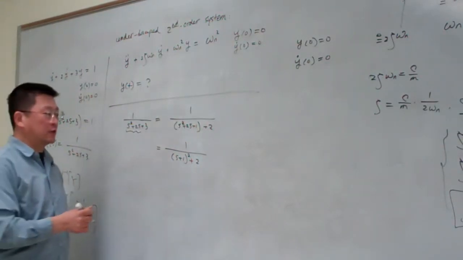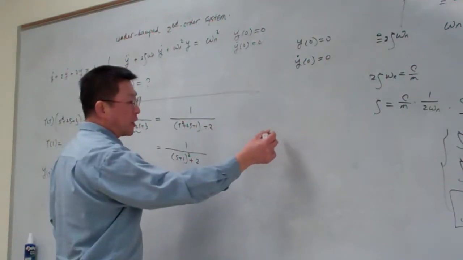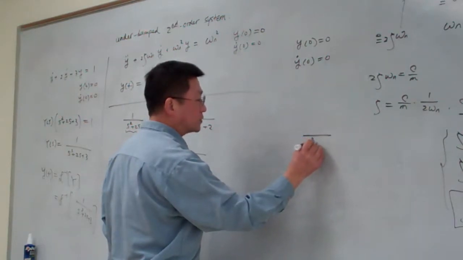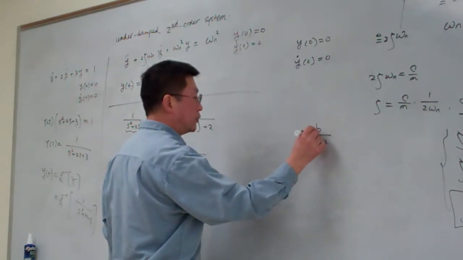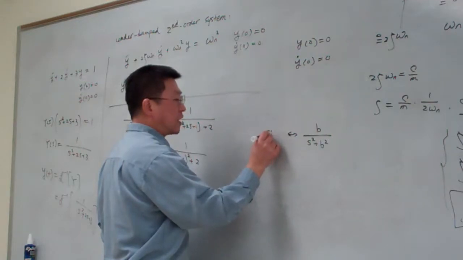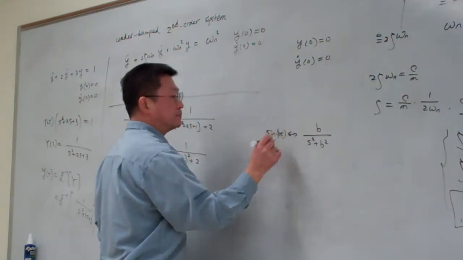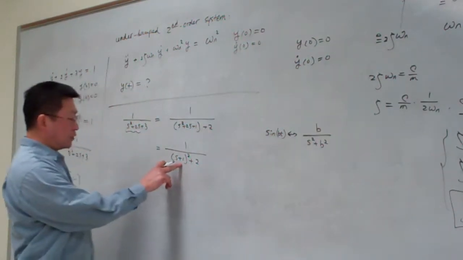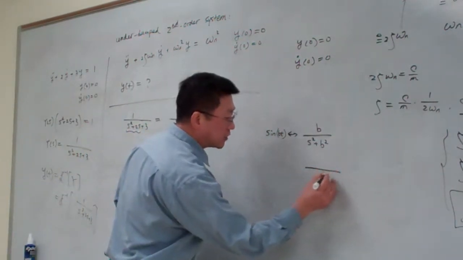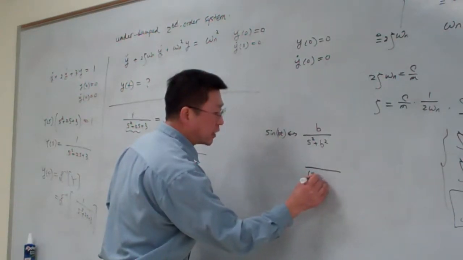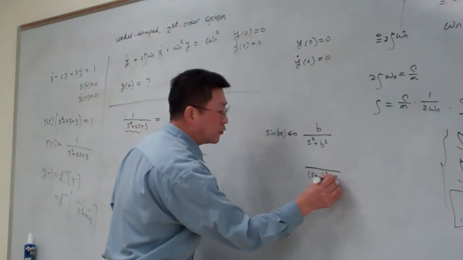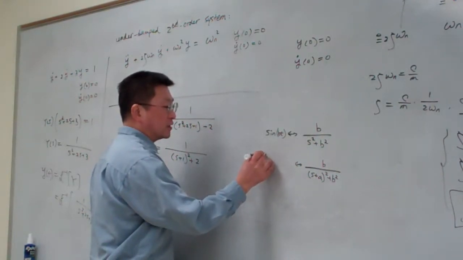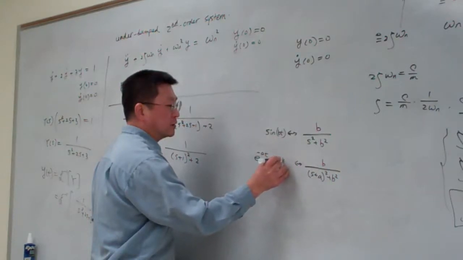Now we check our Laplace tables. From this table, b over (s squared plus b squared) corresponds to sine bt. And in addition, because we have the shift here, b over ((s plus a) squared plus b squared) corresponds to e to the minus at times sine bt.